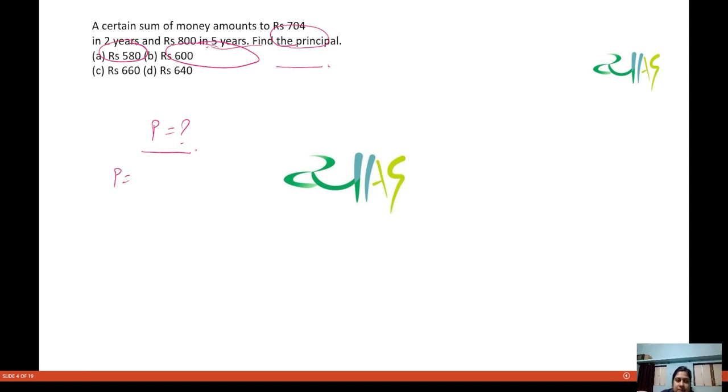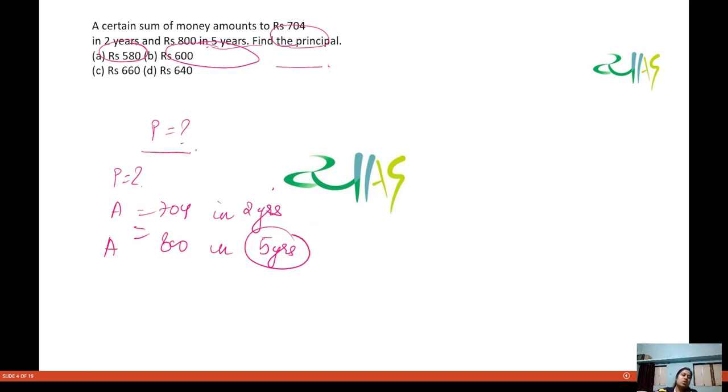A certain principal is there and it amounts to rupees 704 in 2 years, and it amounts to 800 in 5 years. Find the principal. So this much is given, and we have to find the principal.